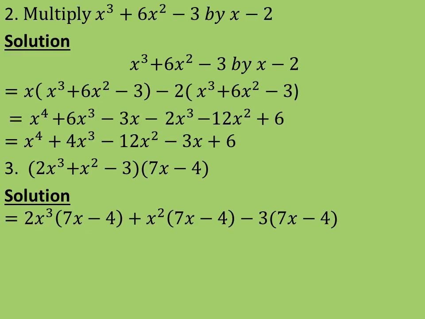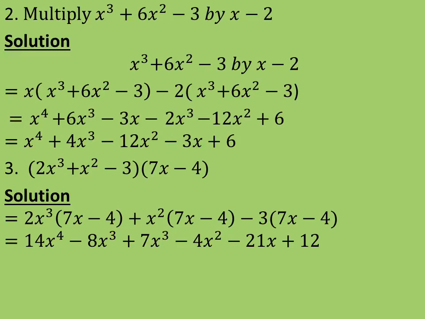So we have 14x raised to power 4, minus 2x raised to power 3 times minus 4, that will give us minus 8x raised to power 3, plus x raised to power 2 times 7x, that will give us 7x raised to power 3, plus x squared times minus 4, that will give us minus 4x squared, minus 3 times 7x, that will give us minus 21x, minus 3 times minus 4, that will give us 12.